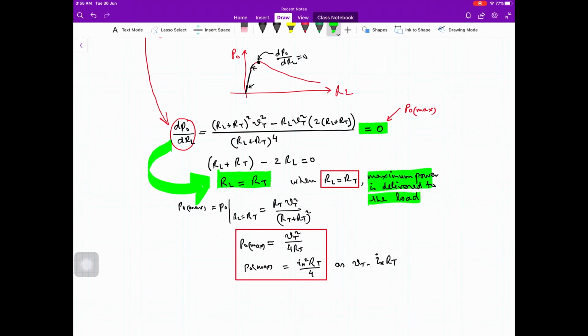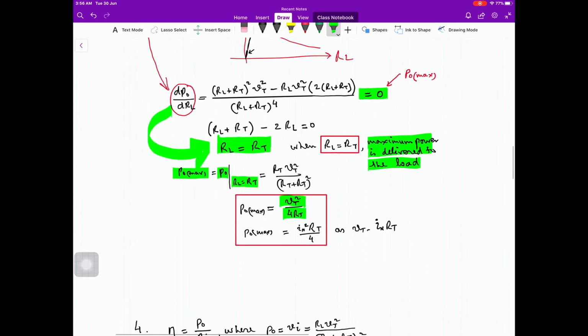In order to find the value of maximum power, we apply this condition of RL equal to RT in the power output expression. So in its final form, the maximum power is Thevenin voltage square divided by 4RT.